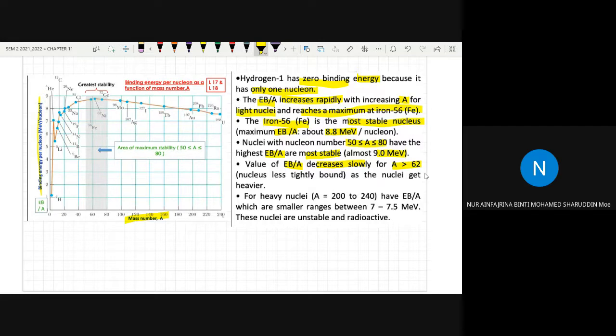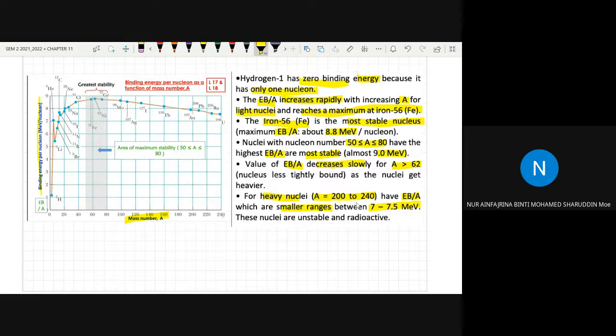So when your nucleon number is more than 62, you must understand that your nucleus is less tightly bound and your nucleus is getting heavier. So for heavy nuclei, when the nucleon number is between 200 and 240, they will have a smaller range of binding energy per nucleon, which is between 7 and 7.5 mega electron volt.